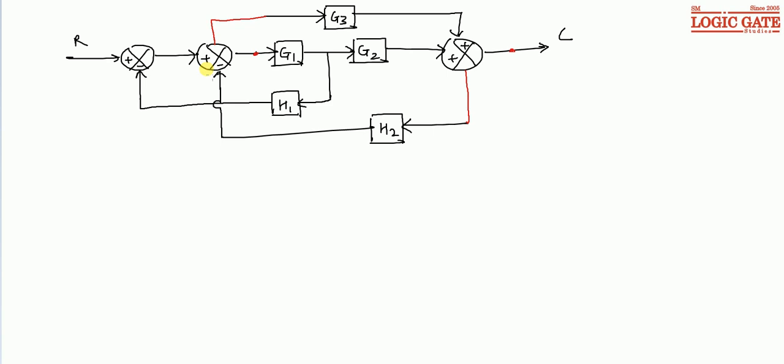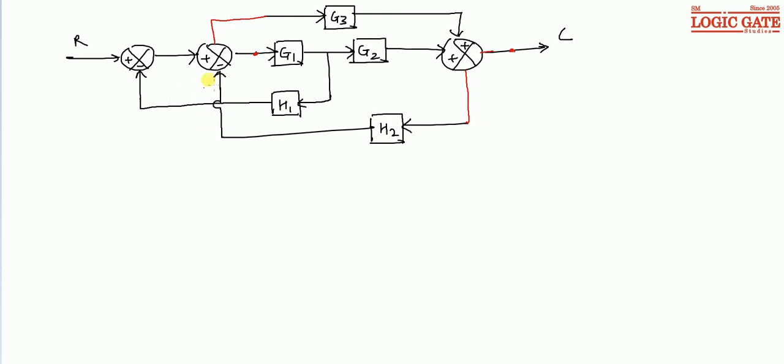Now still the signal flow graph is same, and if takeoff point is taken before the mixer, then we cannot do like this. We have to be very careful that if takeoff point is connected just after the mixer, then only we will do this modification.